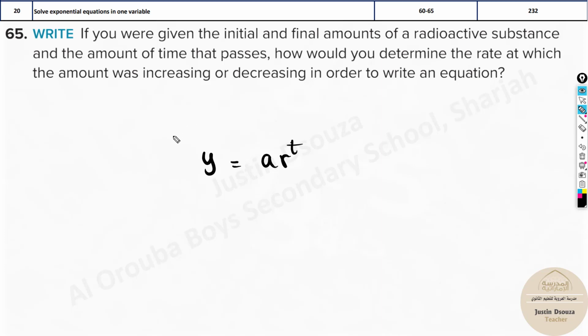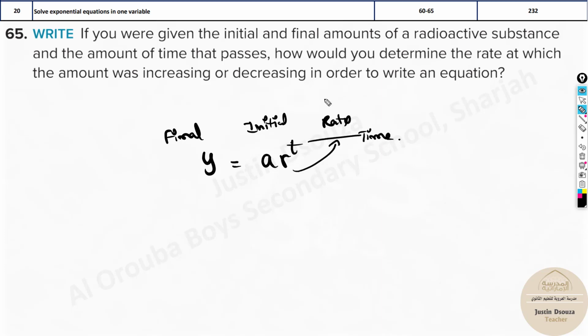So over here, y is the final amount, the final value. A is always the initial amount. The r value is the rate, and t is the time interval.